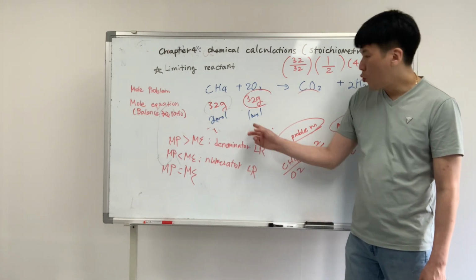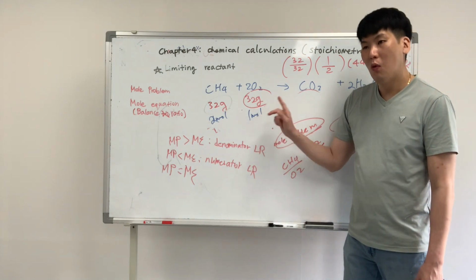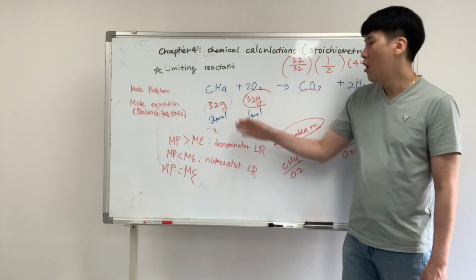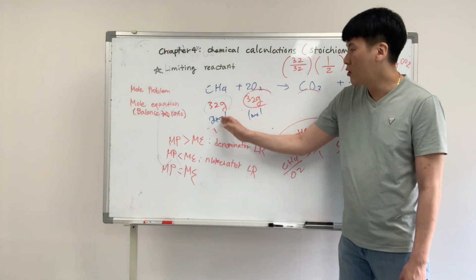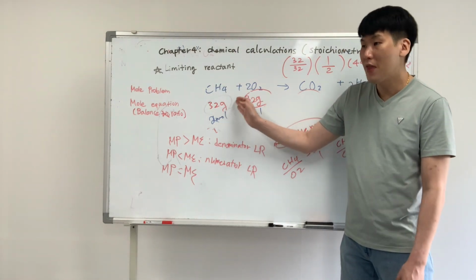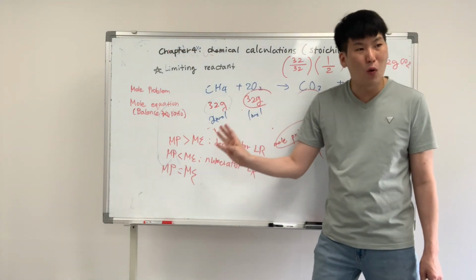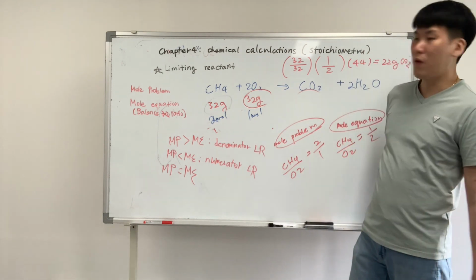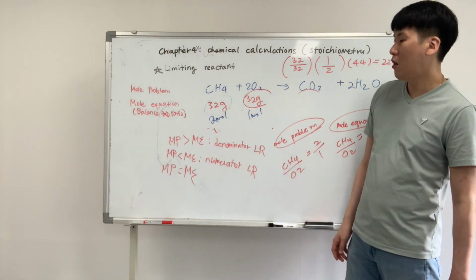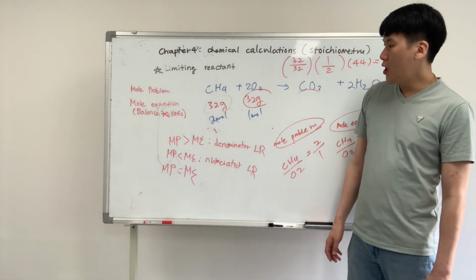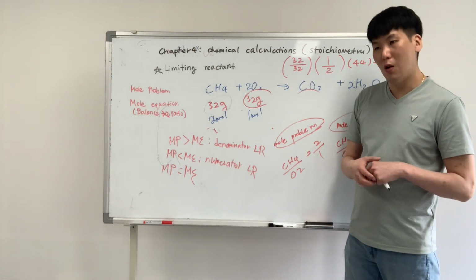But we only have 1. That means this is the limiting reactant. Let me do it one more time. 1 to 2. We have 2 moles of CH4 as given. That means we need at least 4 moles of O2. But we only have 1 mole, right? That means your limiting reactant is O2.